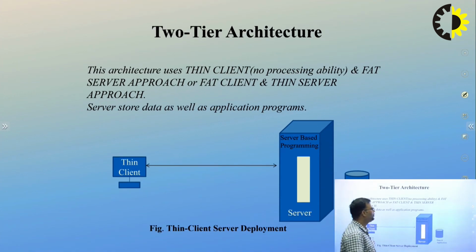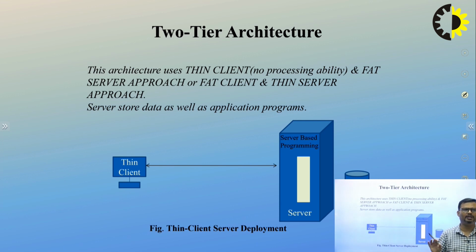Next, two-tier architecture. This architecture uses a thin client, no processing element. Client is a thin client. Okay, and here server based programming, and this is the data and application. So here this architecture uses the thin client, no processing ability, and fat server approach.